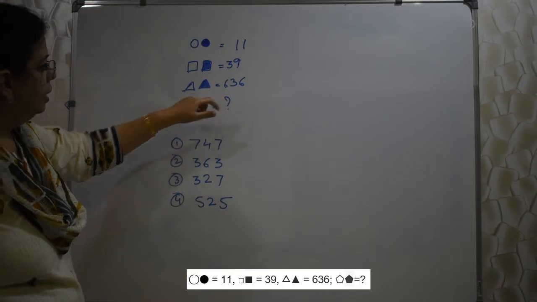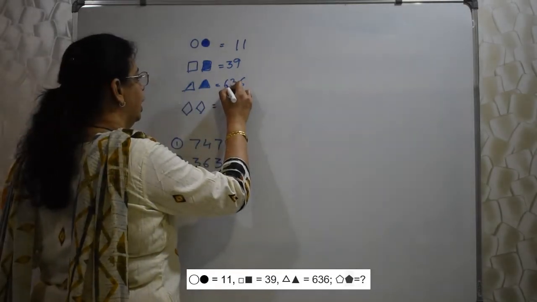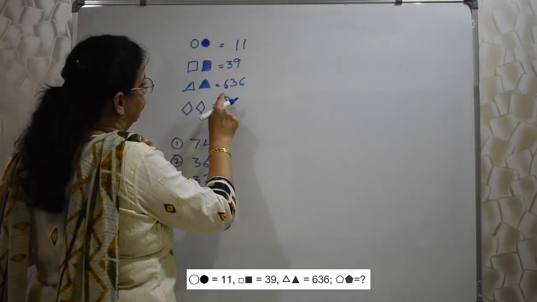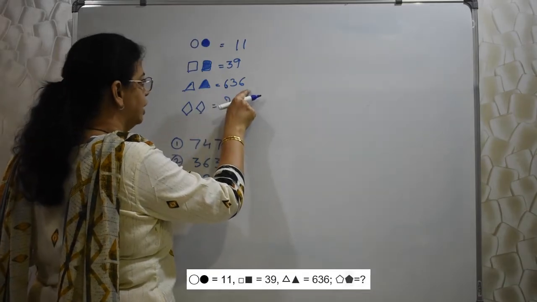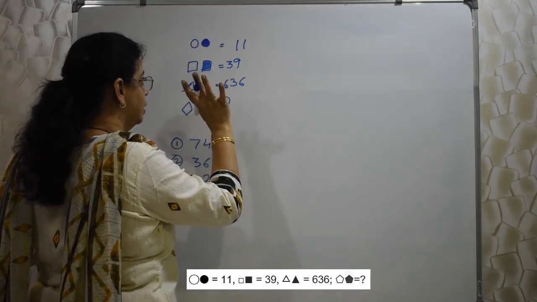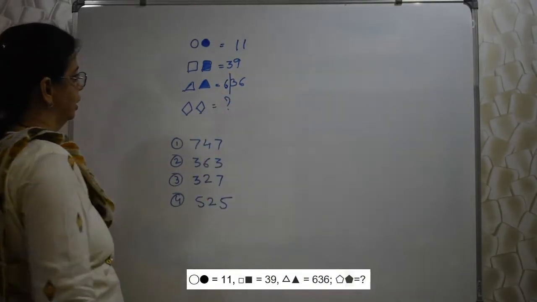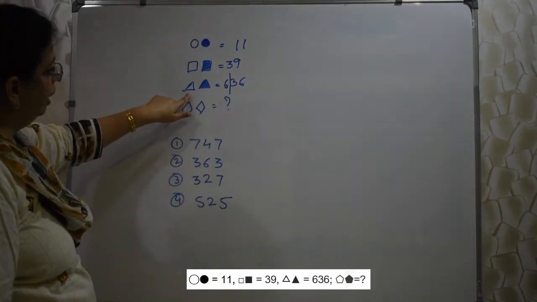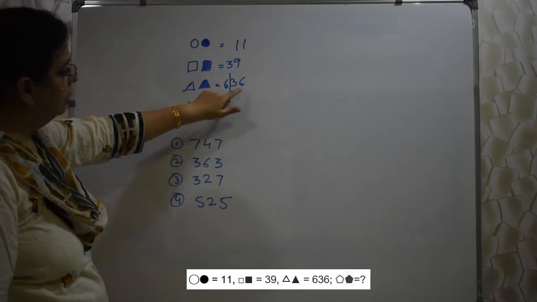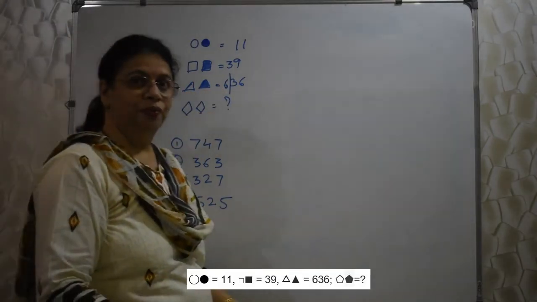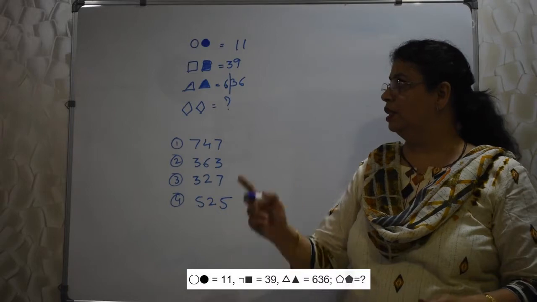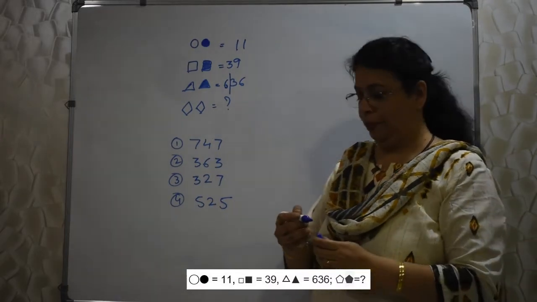But 63 and 6 are not related to each other in any way. So we will leave 6 here and 36 here. Yes, 636 has some relation. So we will divide like this, 636. So this blank triangle is 6, colored triangle is 36.